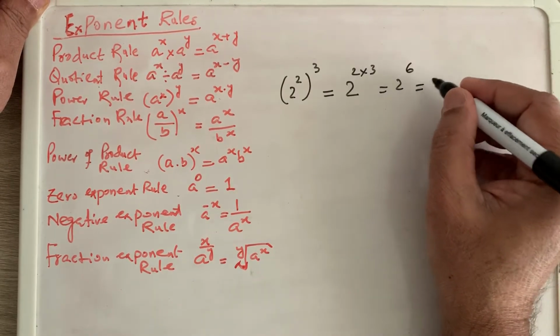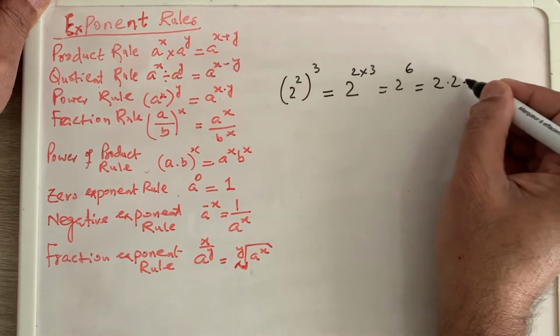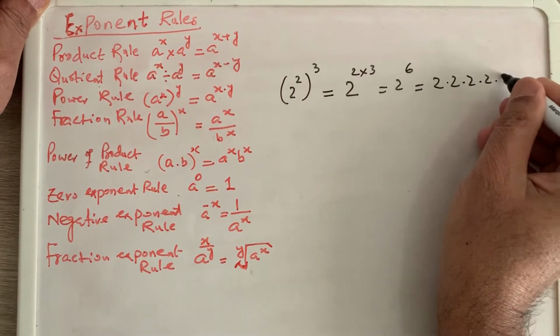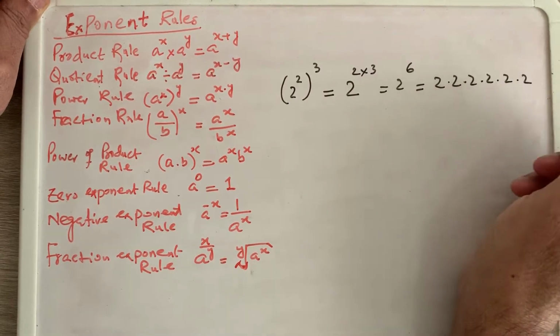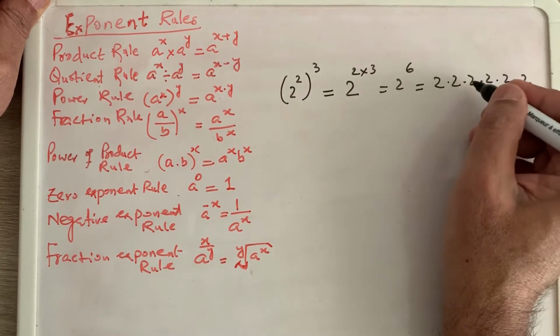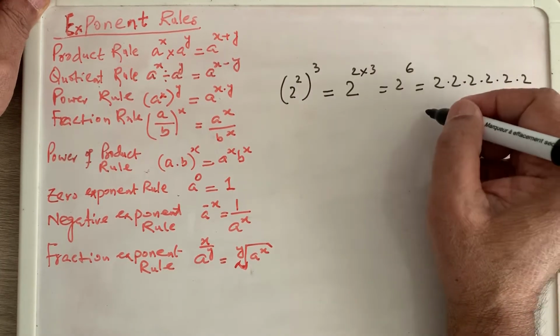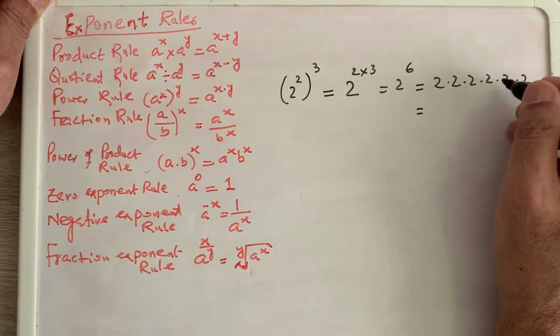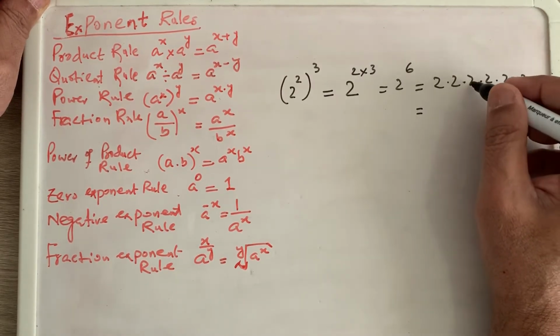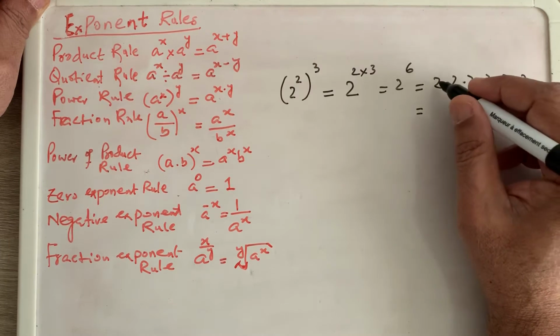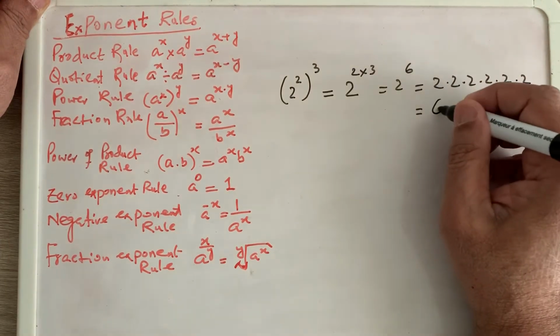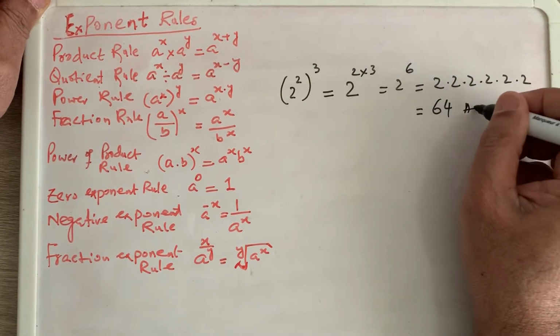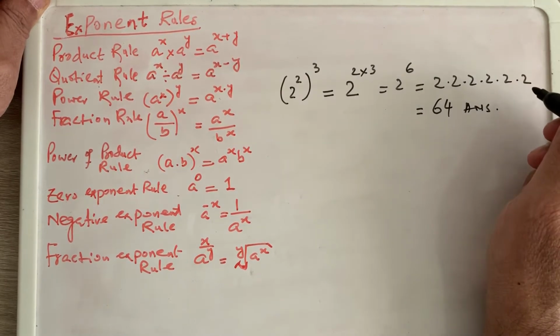And 2 to the power 6 means 2 is multiplied by itself 6 times, 1, 2, 3, 4, 5, 6. And then you multiply to get the solution. 2 times 2 is 4, 4 times 2 is 8, 8 times 2 is 16, 16 times 2 is 32, 32 times 2 is 64. This will be your answer to this example.